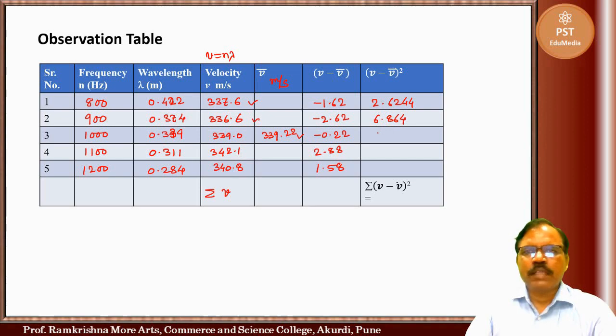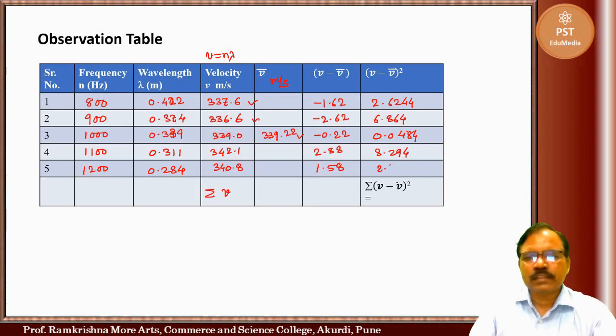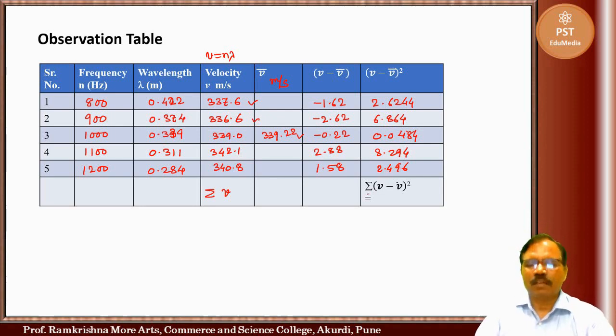Then we will get 0.484, and then here 2.88 squared, you will get 8.294, and 1.58 squared you will get 2.496, and then take the summation of all these. So the summation will be 20.328.